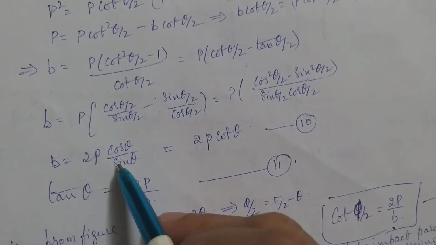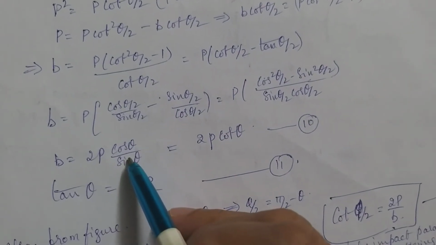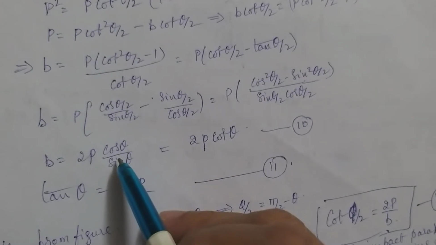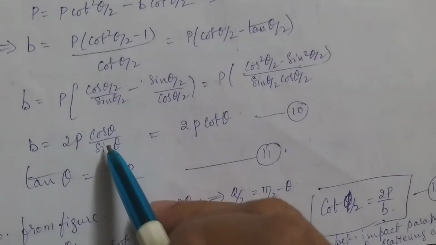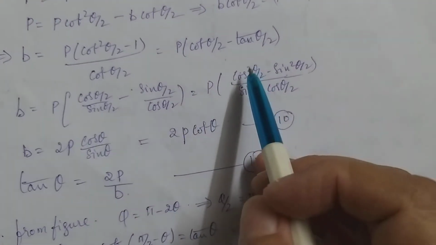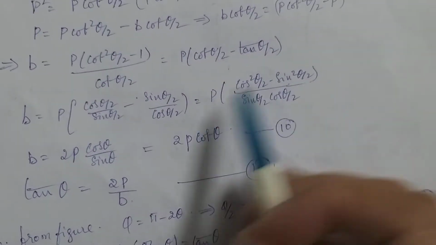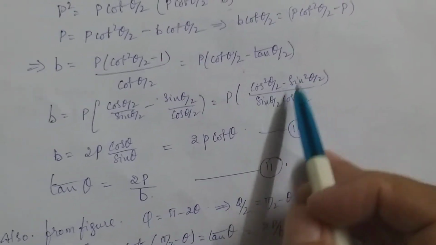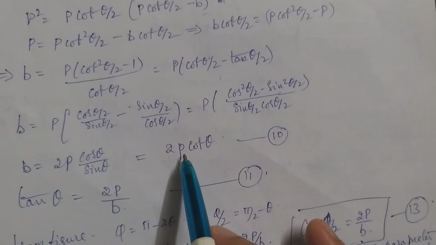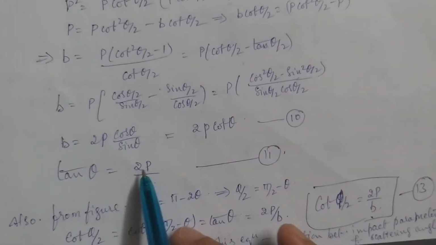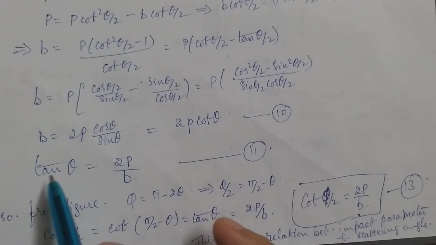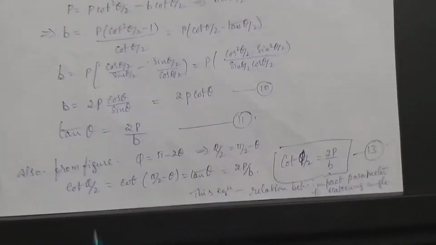Sine theta is equal to 2 sine theta by 2 cos theta by 2. So 2 will cancel here. 2 will go up rather. Here also cos square theta by 2 minus sine square theta by 2. Those are all trigonometric equations. So this is B is equal to 2P cot theta you will get ultimately, or if cot theta is written 1 by tan theta, tan theta is equal to 2P by B.